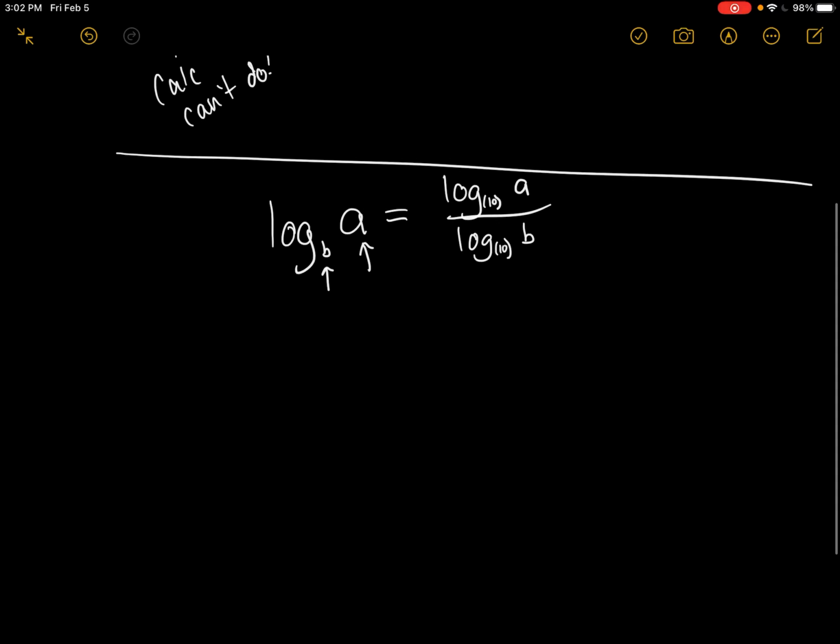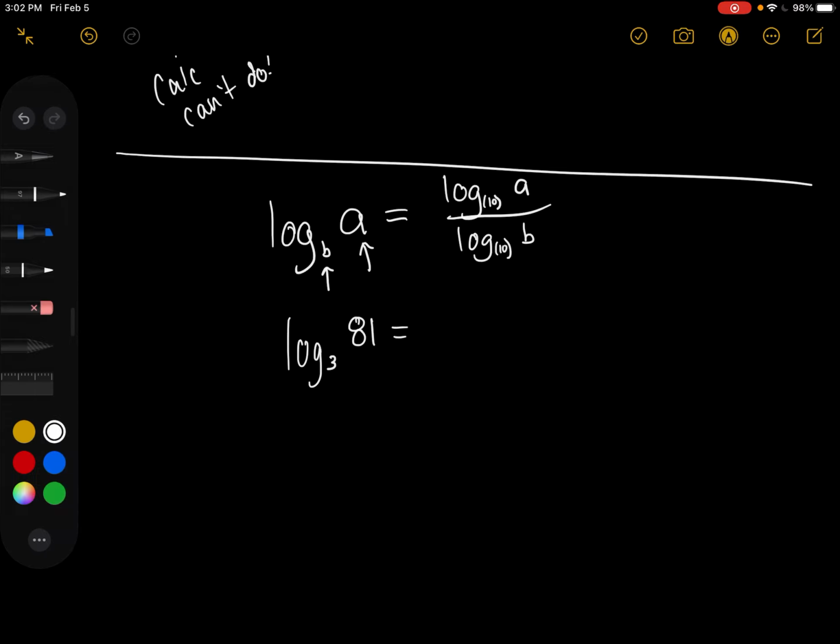So let's say we go back to our example from up top here. We have log base 3, and let's say it's, I don't know, 81. We can't punch that into our calculator. If we punch in the log of 81, it's not going to get us anywhere close to what the right answer for this is. So how do we fix this?